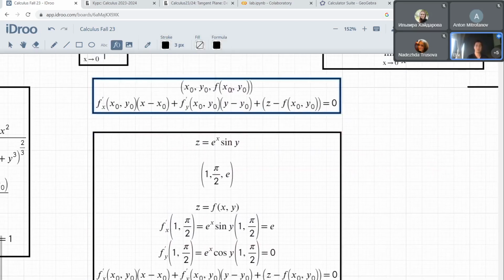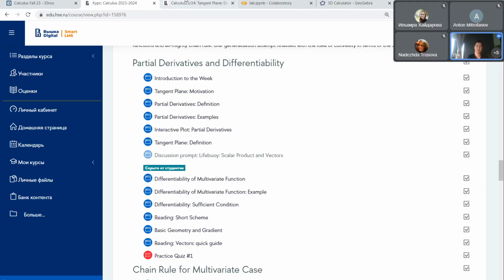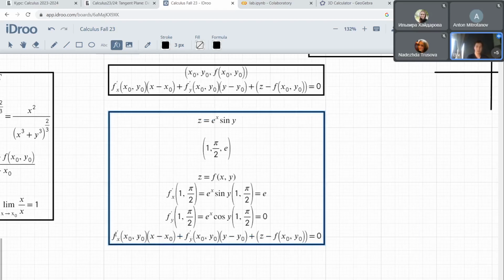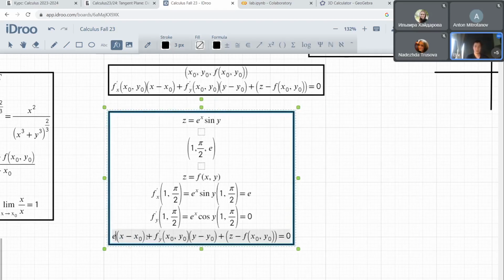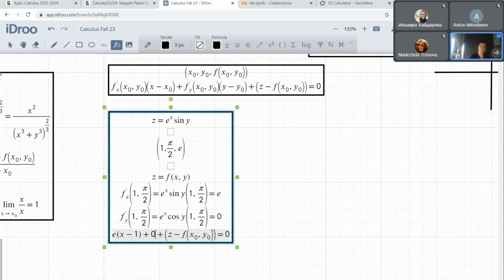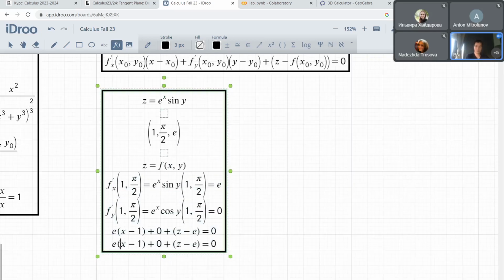We can plot it on GeoGebra. As you can imagine, I like using GeoGebra, so it's a really useful thing. And what will we get? This thing is e, this thing is 1, this thing is 0, and here we have e, so formally we get this equation of the tangent plane, x e plus z minus 2e.